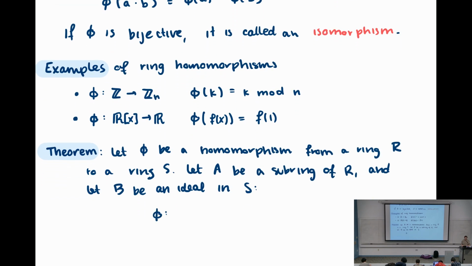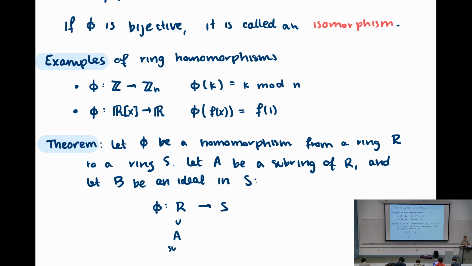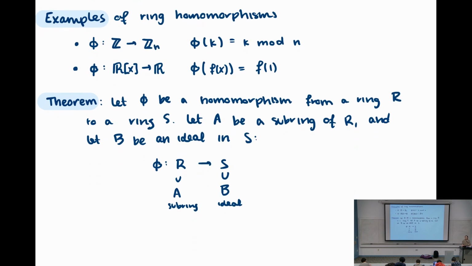We have phi going from a ring R to a ring S, and inside of R we have a subring called A, and inside of S we have an ideal B. Okay, then we have the following statements.